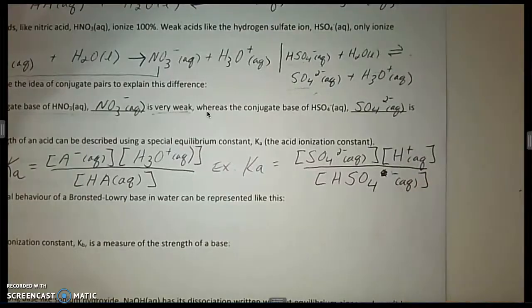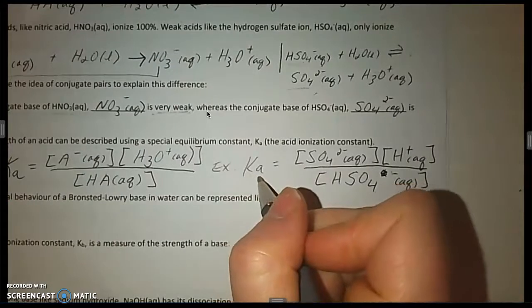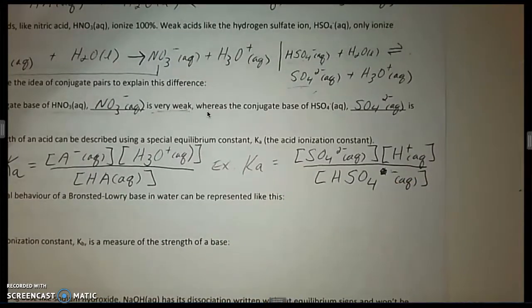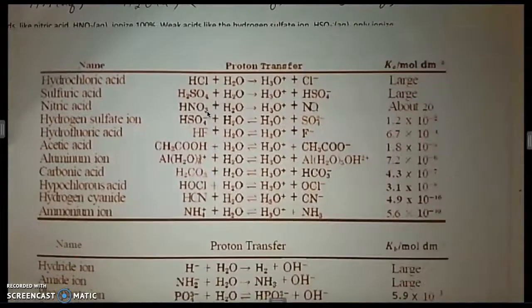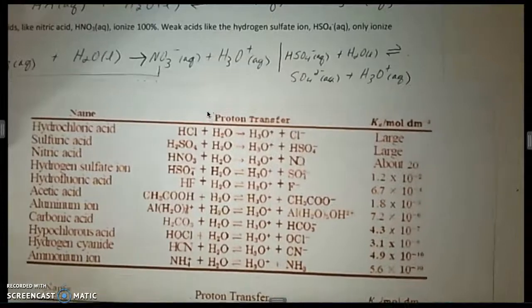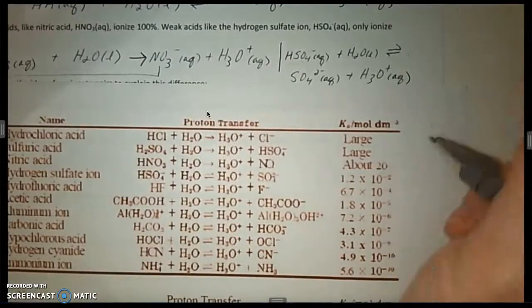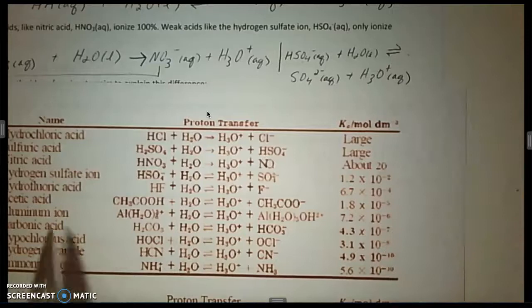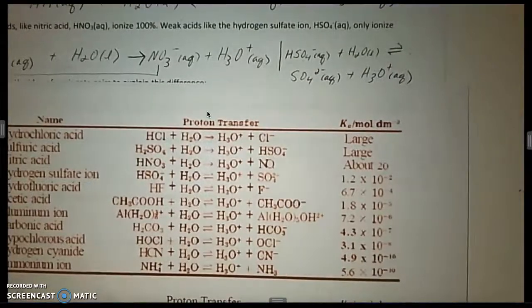Okay. Now, these equilibrium constants for different acids, we can usually look them up. Okay, there are quantities that are sort of constants that we're able to find. So here's an example of a Ka table, so an acid ionization constant table. And we can see actually the acids we talked about today are on this table.